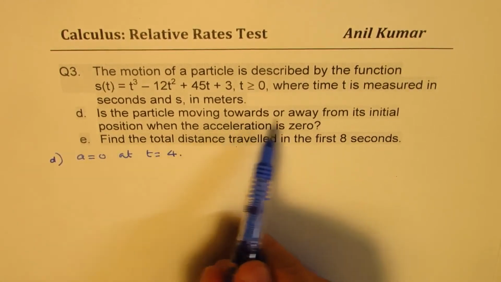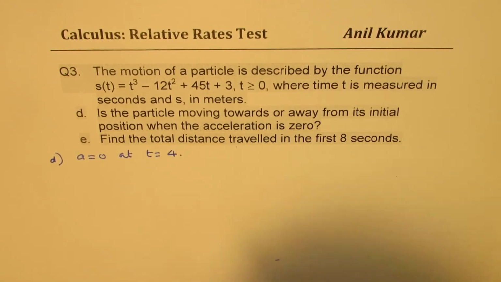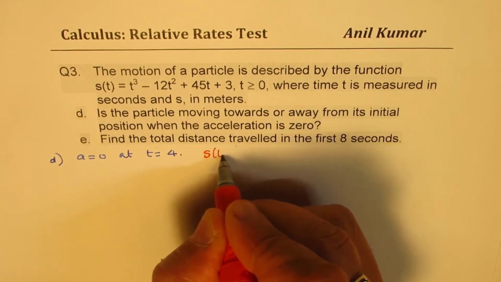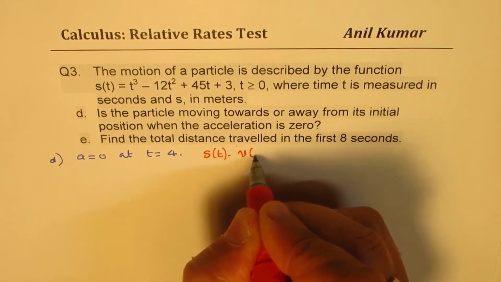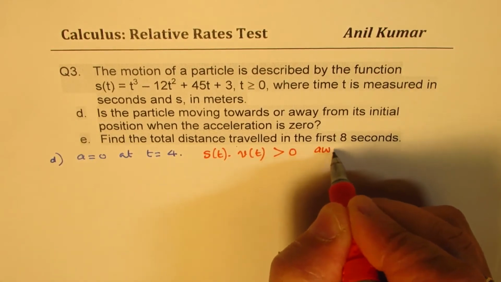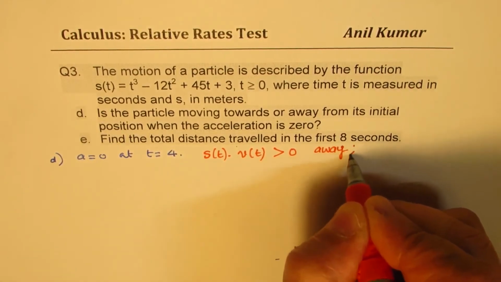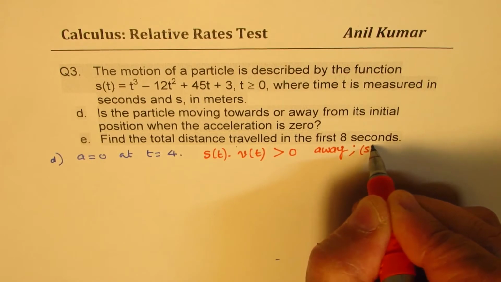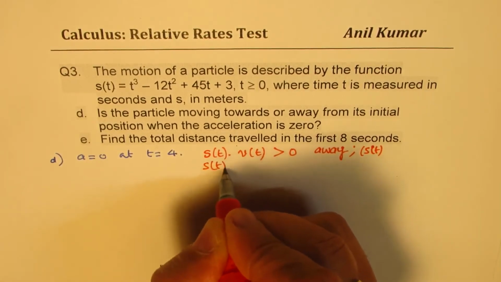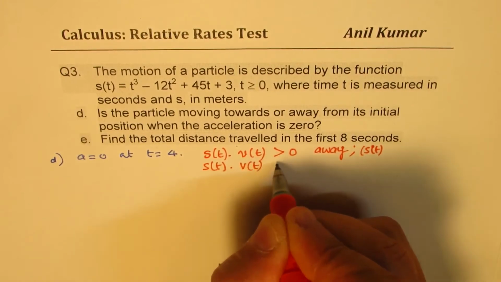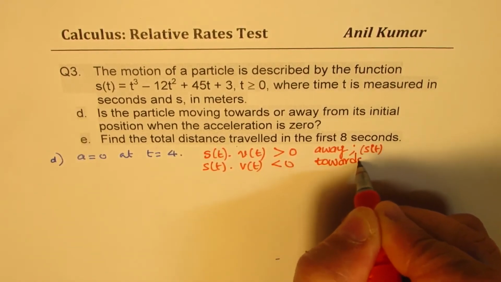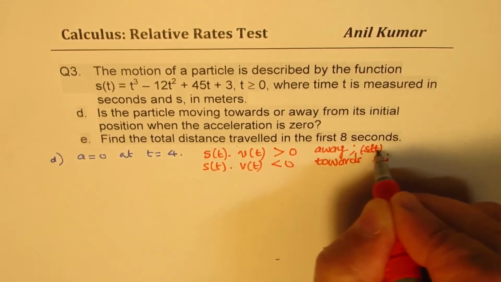For moving away and towards, the condition is that if the product of displacement and velocity is greater than 0, then it is moving away, right? But if the product of s of t and v of t is less than 0, then it is moving towards the initial point.